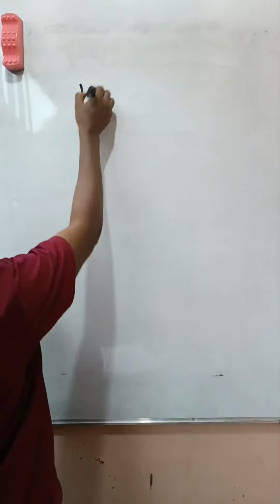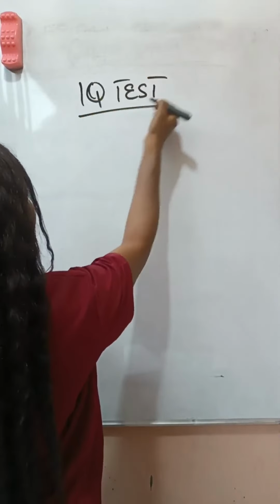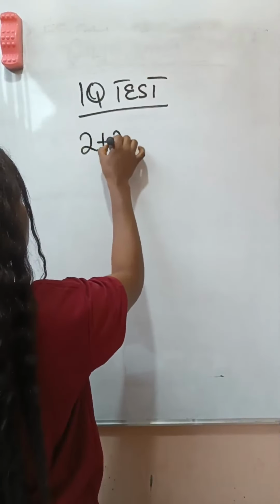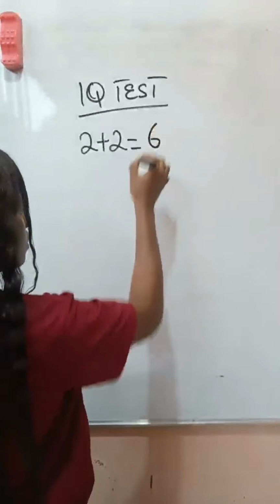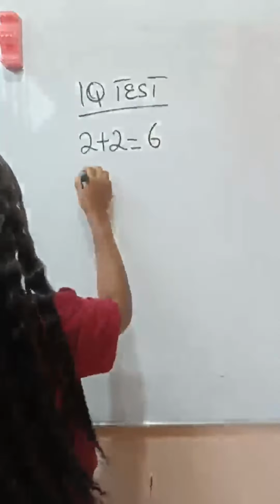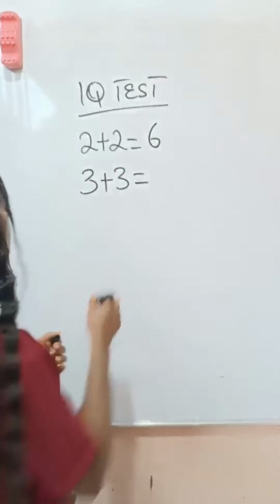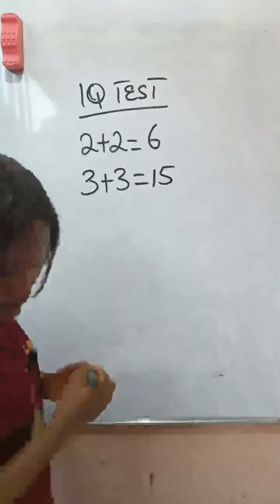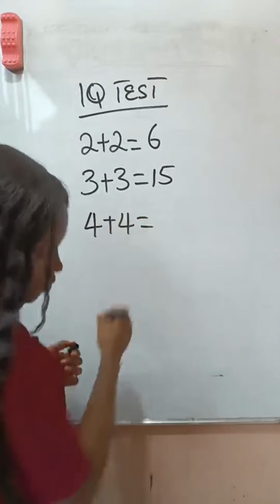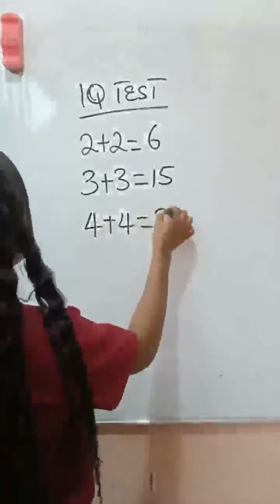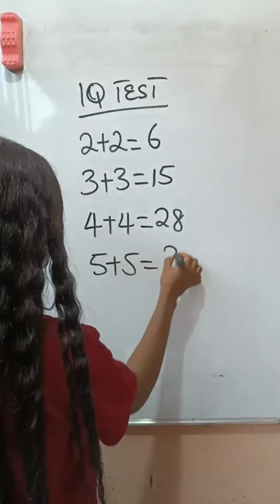So if 2 plus 2 is equal to 6 and 3 plus 3 is equal to 15 and 4 plus 4 is equal to 28. Well, now what is 5 plus 5 equal to?